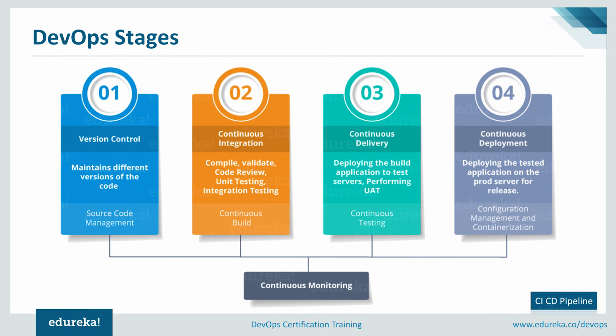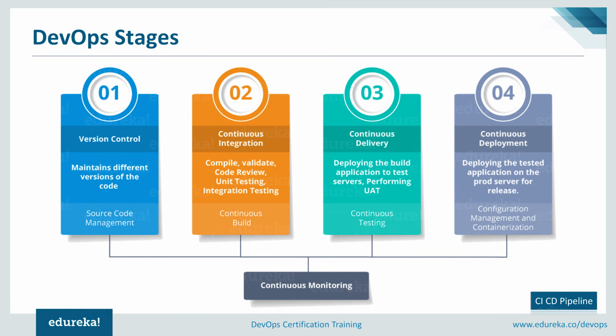Basically, the complete concept relies on how I will manage the source code. Suppose developer A has made some commit, and that commit is causing some error. How will I know what he has changed that is causing the error, so that I can revert back to that commit and make changes? All these kinds of questions can be answered when you use version control system or source code management with the help of tools like Git, Subversion, etc.